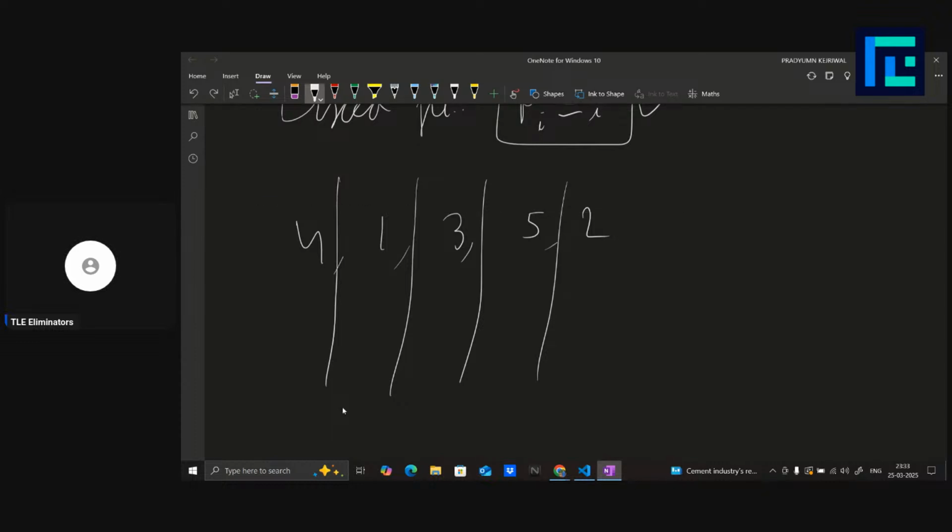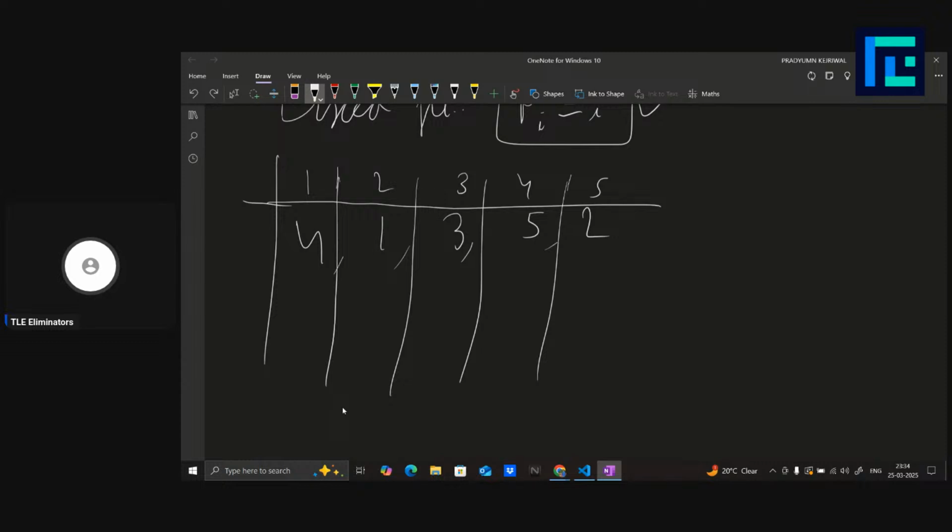The indices are 1, 2, 3, 4, 5. In this initial permutation, 3 and 3 are matching, right? There's exactly one index for which p of i equals i.